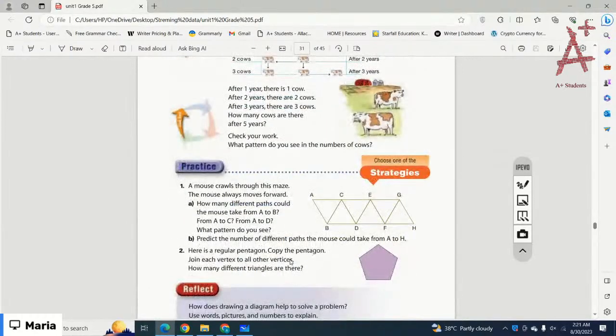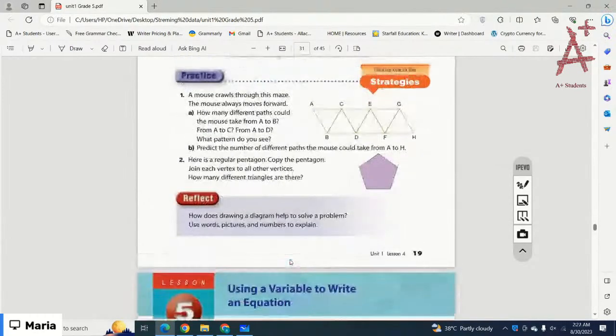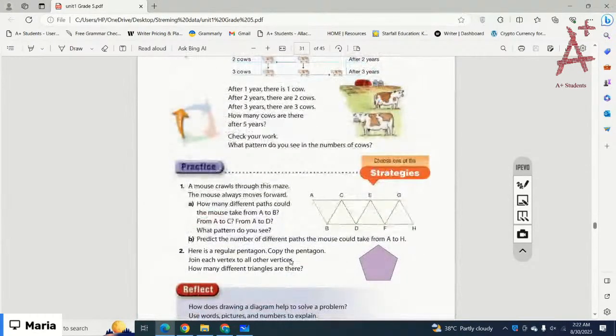Okay, we have only 2 practice questions. A mouse crawls through this maze. The mouse always moves forward. How many different paths could the mouse take from A to B, from A to C, from A to D? What pattern to use?